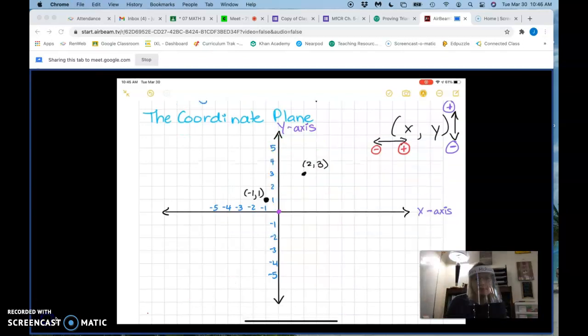Okay, so here's the last type of problem that you're going to have. It's going to give us 2 points on the coordinate plane, and it's going to say, find the distance between those 2 points. And this is where we put everything together, the Pythagorean theorem and the coordinate plane, and here we go. So the first thing I'm going to do is connect my dots, and then I'm going to make a right triangle.